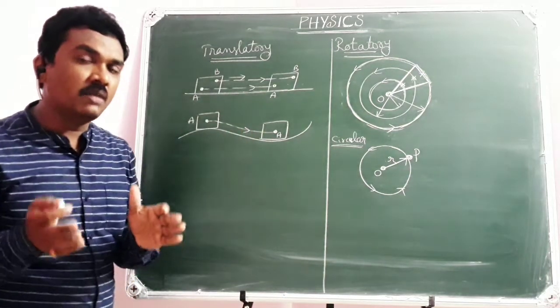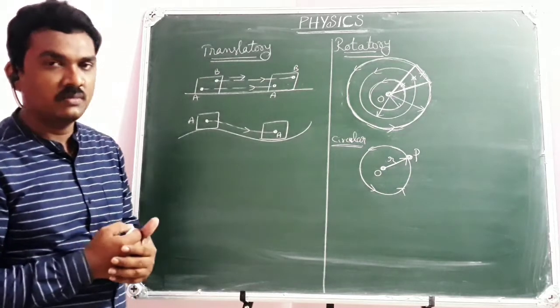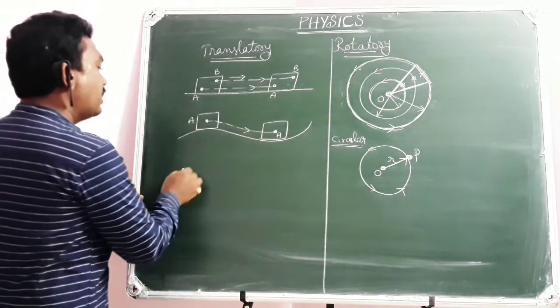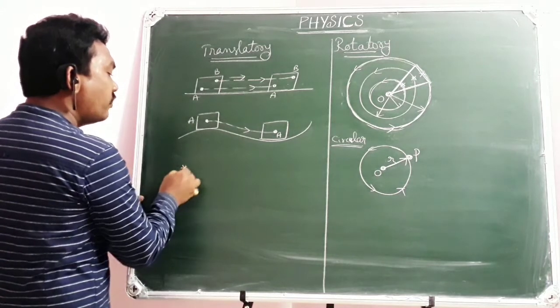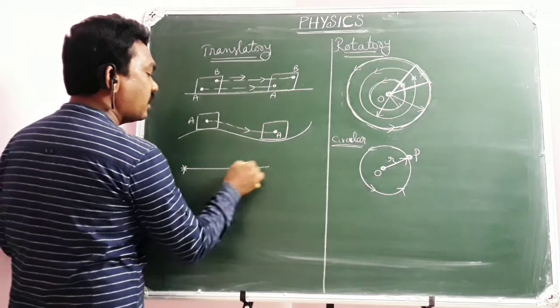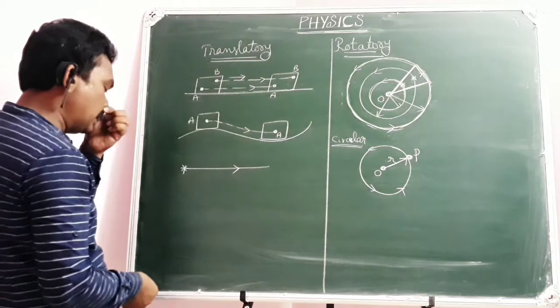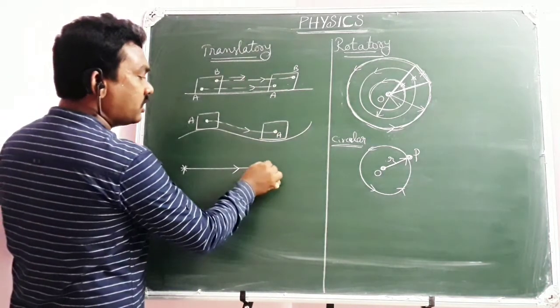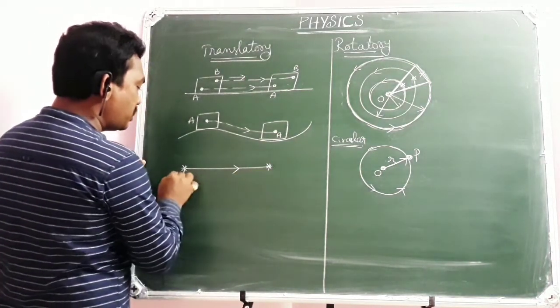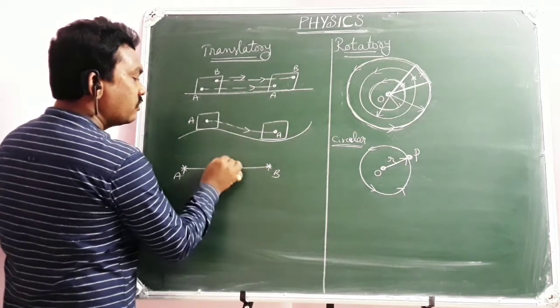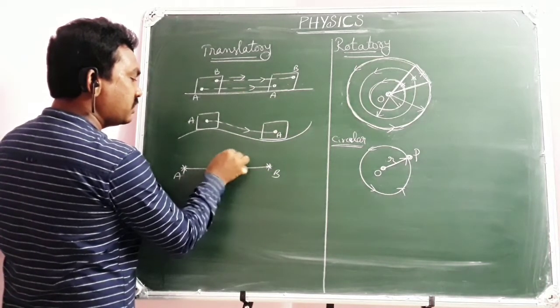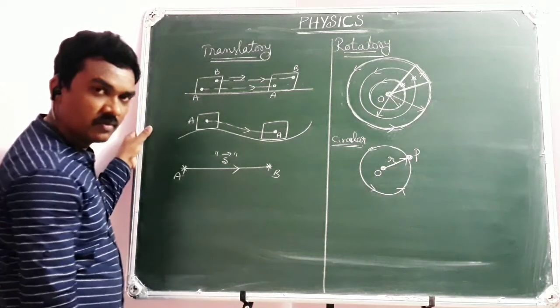Now let us discuss the variables of motion in this particular case. When a particle is moving in translatory motion, either along a straight path or a curved path, the shortest distance from initial position to final position is defined as displacement, which is a vector physical quantity.